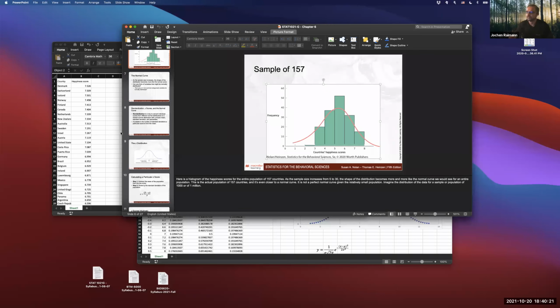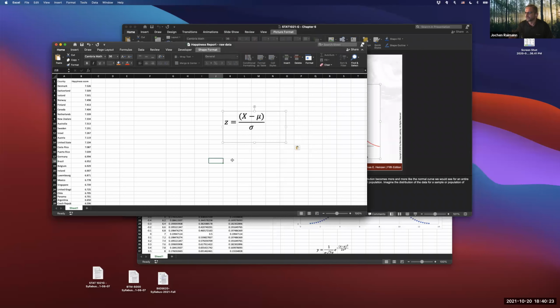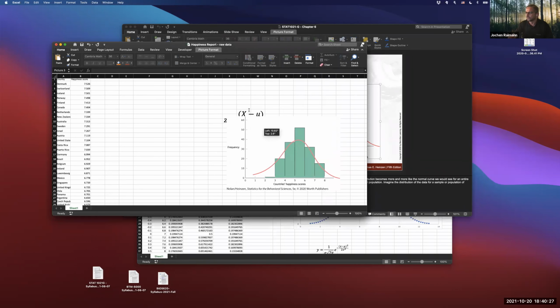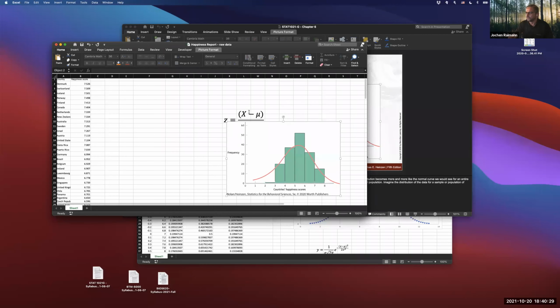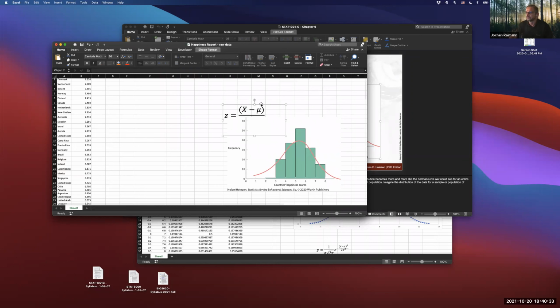Let's copy this too. This is our histogram. So where's the mean? If it were a normal distribution, which let's assume it is, because that assumption is super important, the mean will be exactly where the highest spot is, where the mode is.